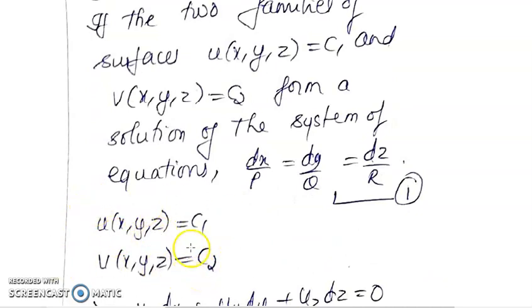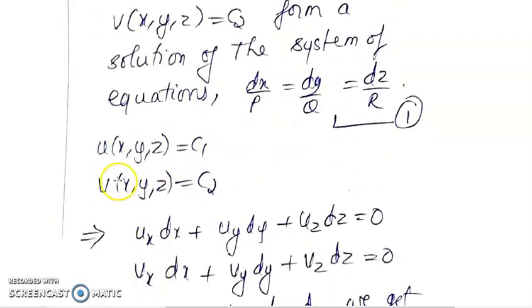I'll write the corresponding differentials for u and v. From the first equation we get u_x dx plus u_y dy plus u_z dz equal to 0, and from v equal to c2 we get v_x dx plus v_y dy plus v_z dz equal to 0.